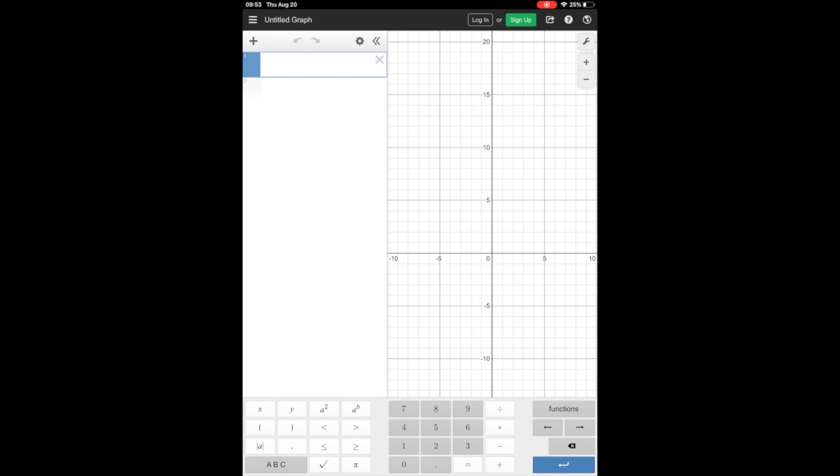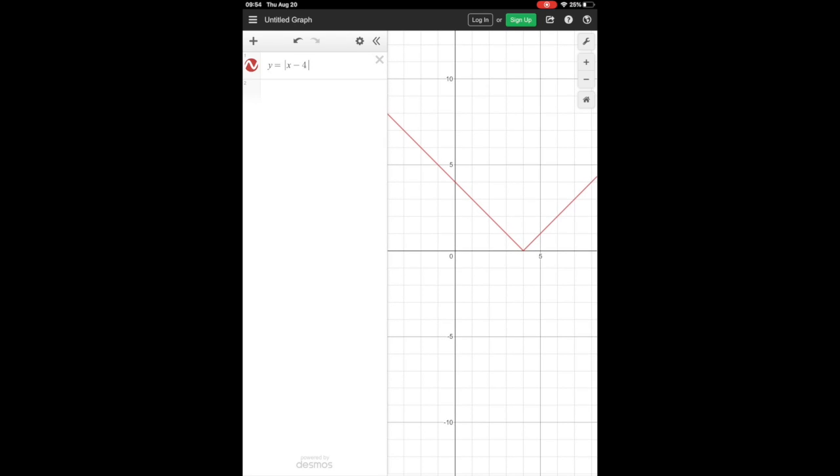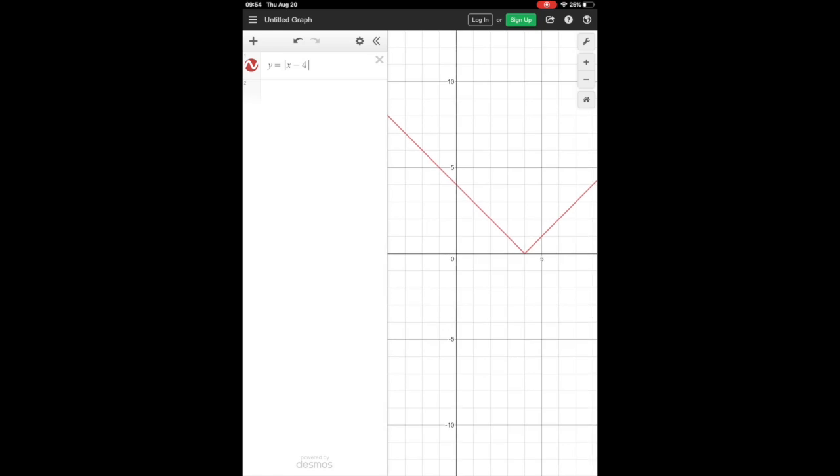so I do y equals, there's my absolute value, x minus 4. Close it out. That's what it looks like. So notice it starts right here at 4 on the x-axis and goes on.